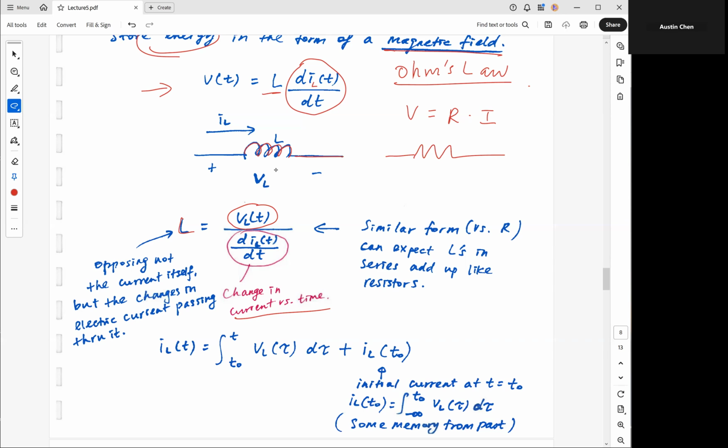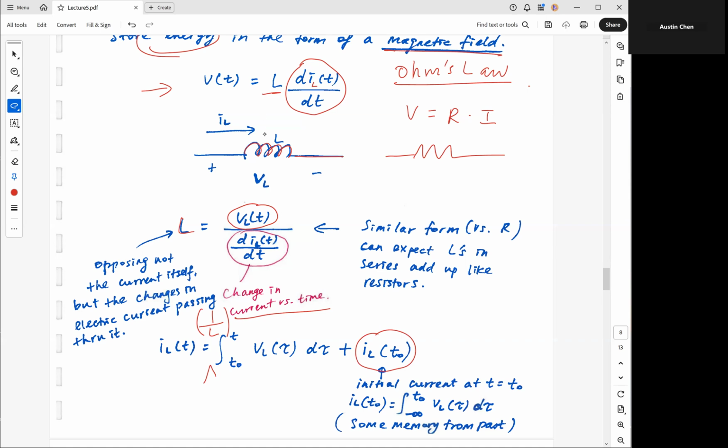And notice that I need to add 1 over L over here to complete the equation. So this is 1 over L times the integral of this, including the initial condition.